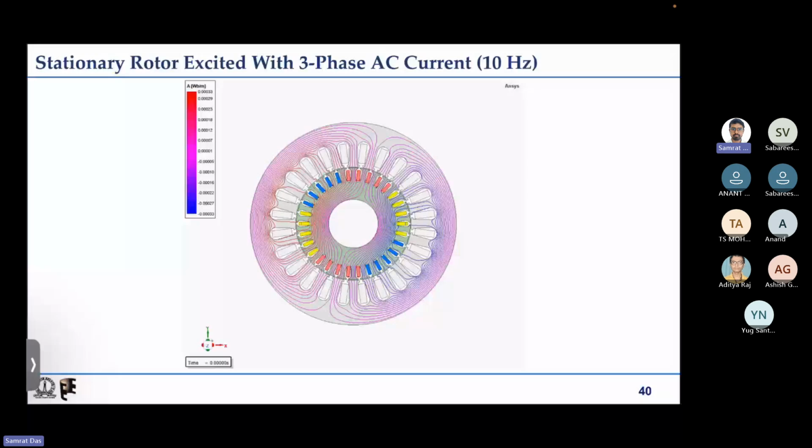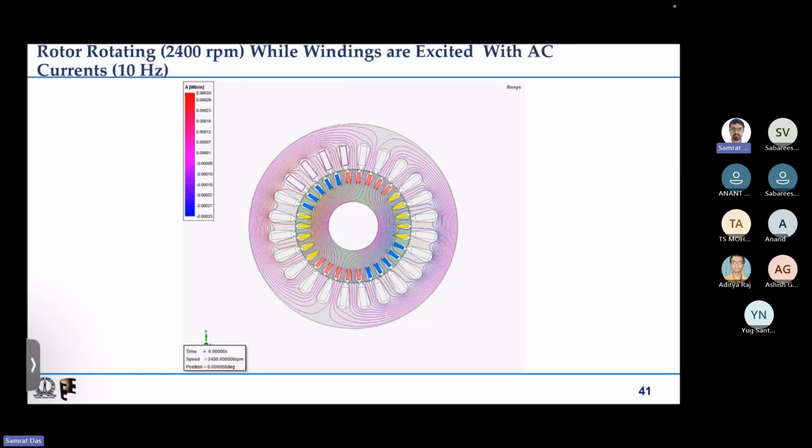Now, if it is a sinusoidal current of 10 hertz frequency, then we saw that if the rotor is stationary, we get a rotating magnetic field at 600 rpm. 600 rpm is the corresponding speed for the 10 hertz electrical excitation.